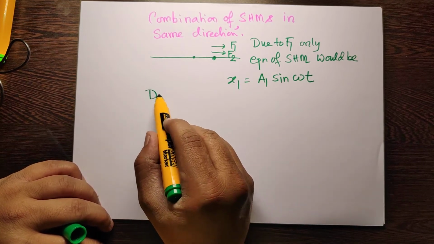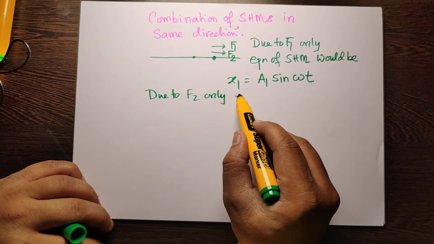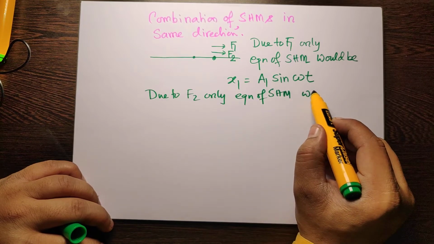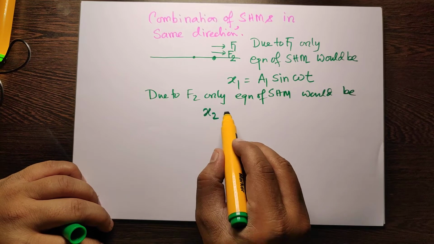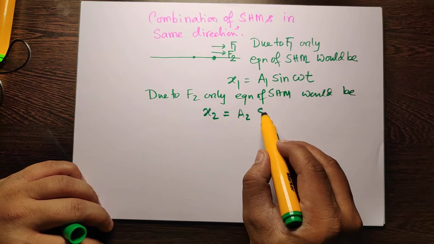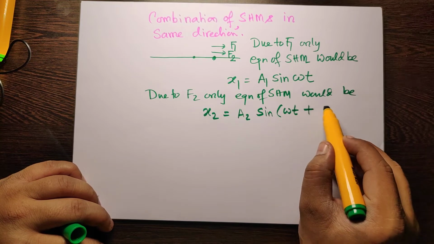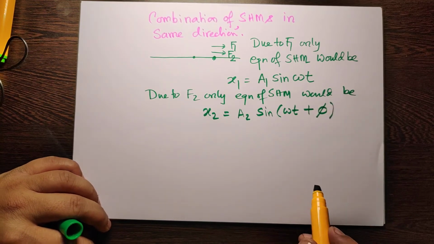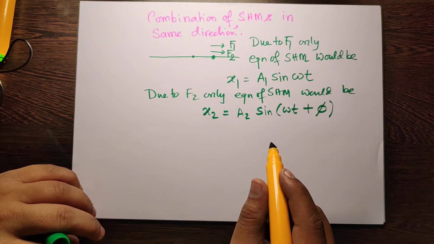Now due to F2 only, the equation of SHM would be x2 equal to a2 sin omega t. Suppose there is a phase difference of phi, this may lead by a phase phi. Now what is the combined equation?